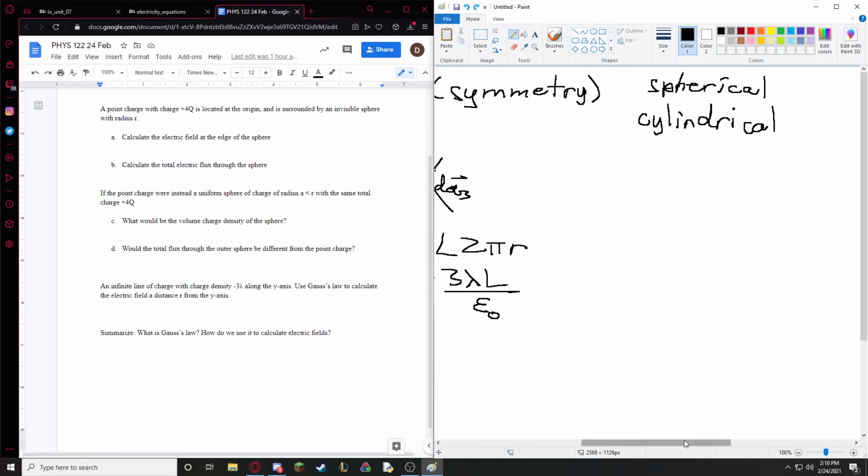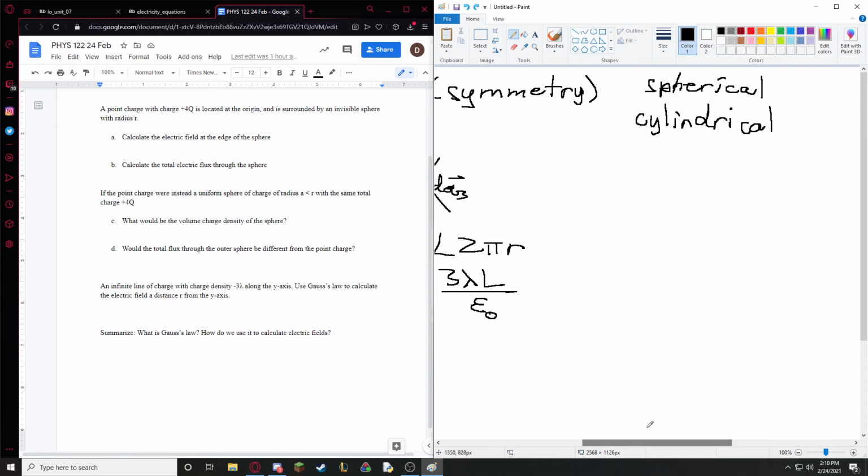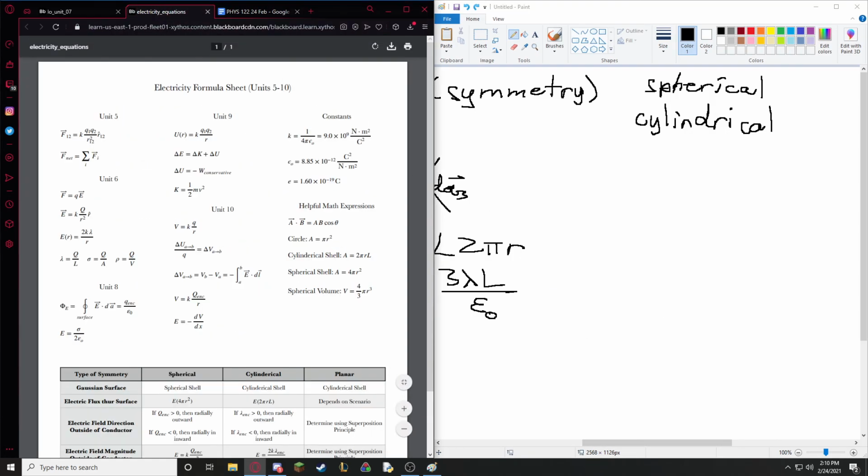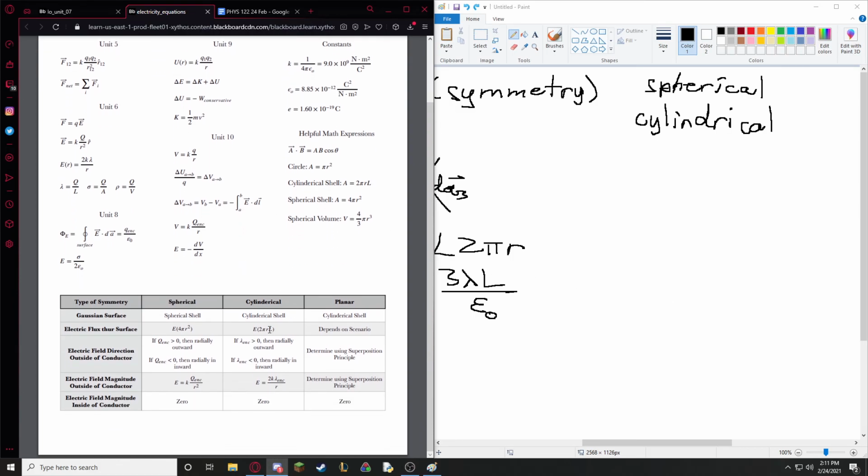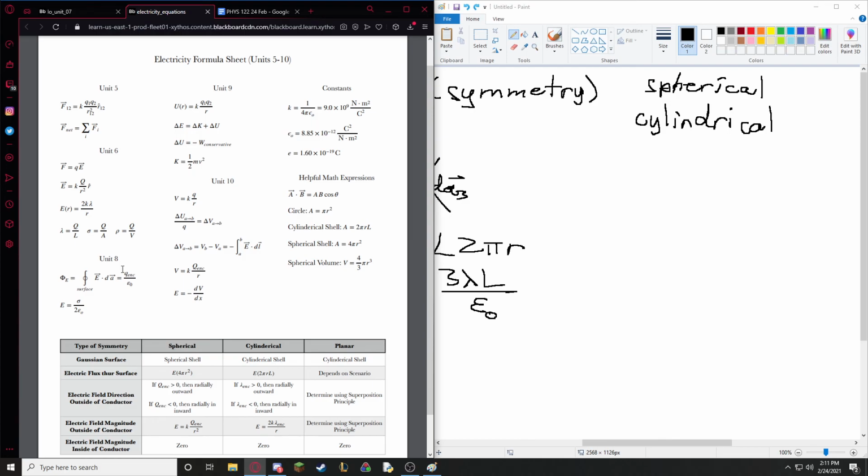I guess one thing I noticed on the formula sheet is cylindrical shell. I just thought it included the other two surfaces, the top and bottom. It would be in the helpful math expressions, on the right-hand side.